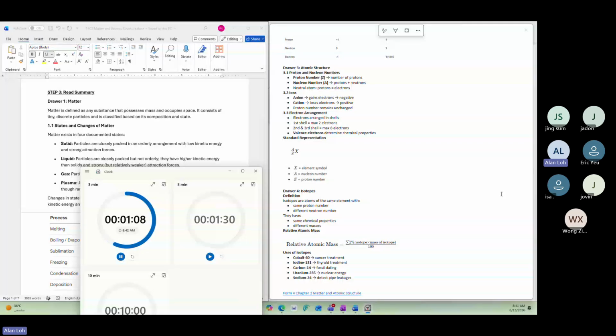Okay, you should be reading drawer 4 by now. Twenty seconds.